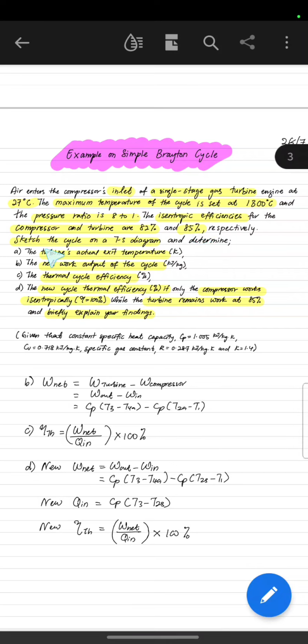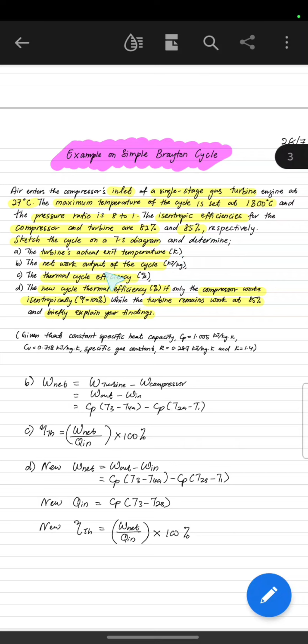And you are asked to sketch the cycle in the TS diagram, and also you are asked to find the turbine's actual exit temperature, which is your T4, but we are going to have a look at your TS diagram later.